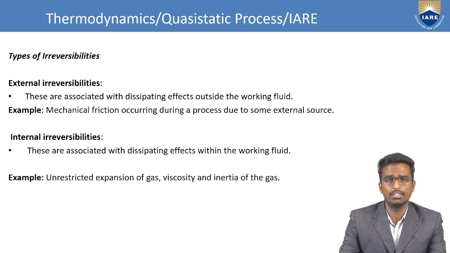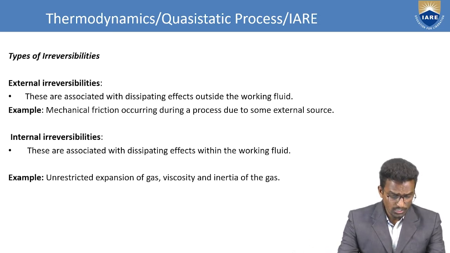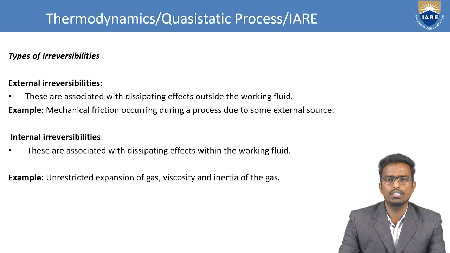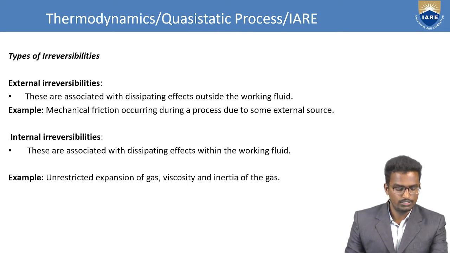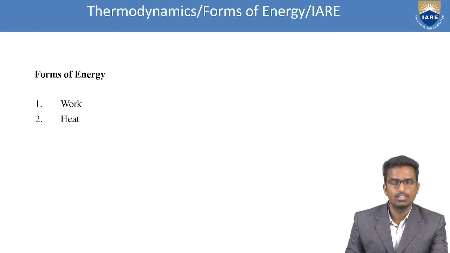Internal irreversibilities are associated with dissipating effects within the working fluid. Anything happening within the working fluid is internal irreversibility. Examples are expansion of gases, and viscosity and inertia of the gases. These are the types of irreversibility, right?